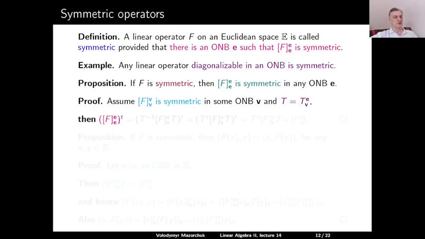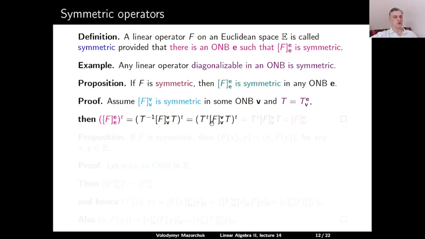The transpose of the matrix of F in the basis E is computed by the base change formula. So this is a transpose of T inverse times the matrix of F in V times T. T inverse is equal to T transpose because T is a transformation matrix between two ONBs.